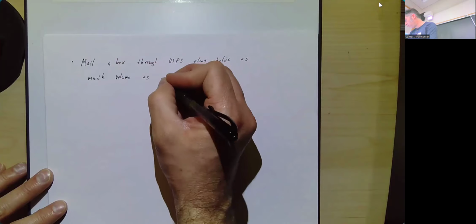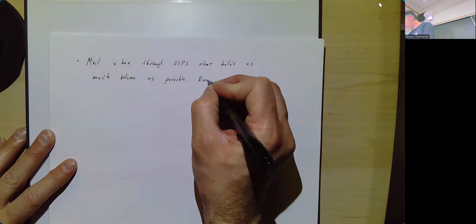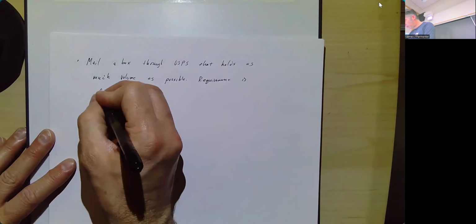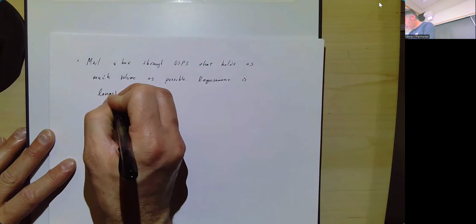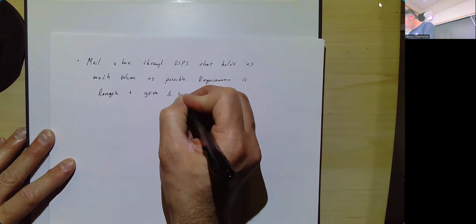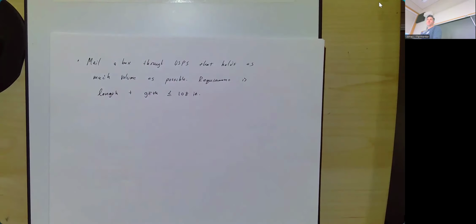But we're restricted because the USPS says your box has to have its length plus its girth be less than or equal to 108 inches. So the requirement is that the length plus the girth is less than or equal to 108 inches.